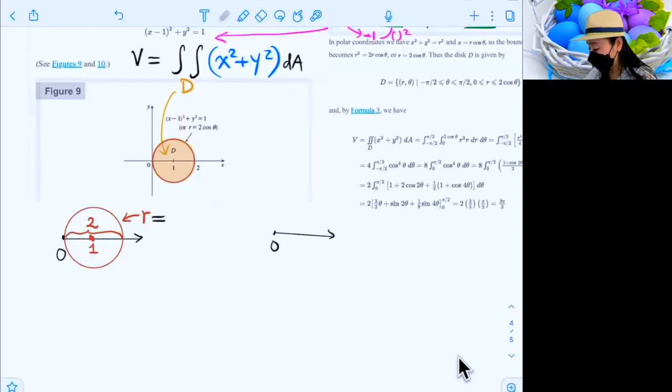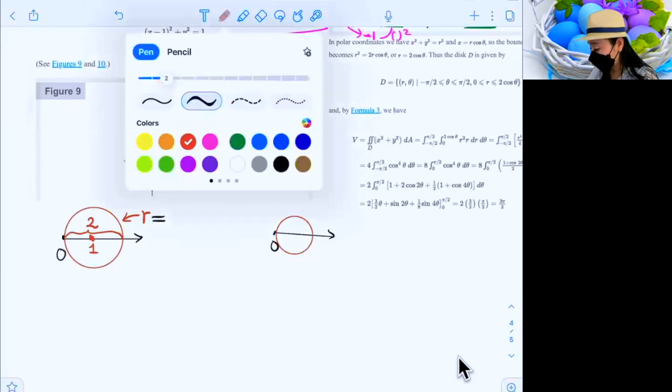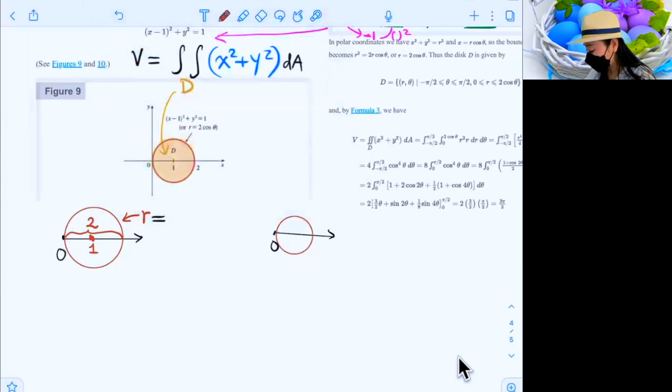If the circle is centered at the polar axis, then whatever this diameter is, suppose this is 5, the diameter is 5, then the equation for this circle is r equal to 5 times cosine of theta.